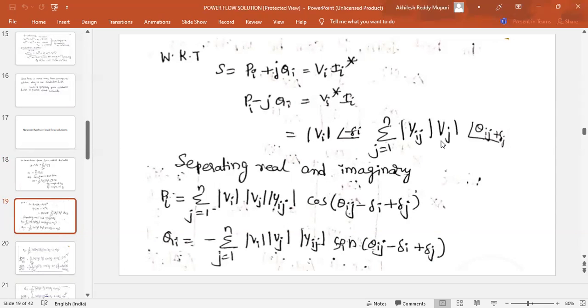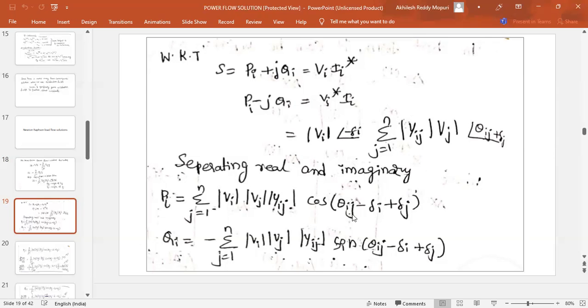The real part of an angle is cos of that angle and the imaginary part is sine of that angle. The total includes the magnitude, and when we convert the angle into real and imaginary parts, the real part gets cos theta and the imaginary part gets sine theta. So Pi is equal to summation j equal to 1 to N Vi Vj Yij cos of theta ij minus del i plus del j.